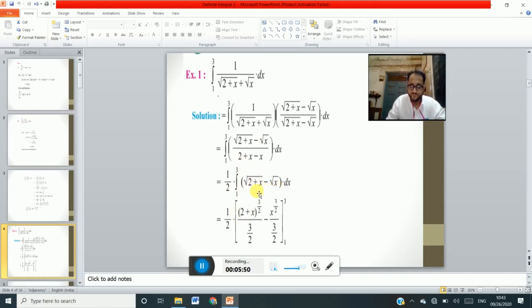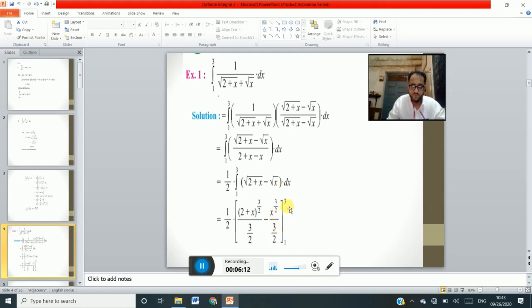And now if we simplify this, root means to the power 1 by 2, and then use the result for x to the power n or (x plus b) to the power n. According to that, this is (2 plus x) to the power 1 by 2 plus 1 means 3 by 2, upon 1 by 2 plus 1 means 3 by 2, minus similarly for this x to the power 3 by 2 upon 3 by 2, right?